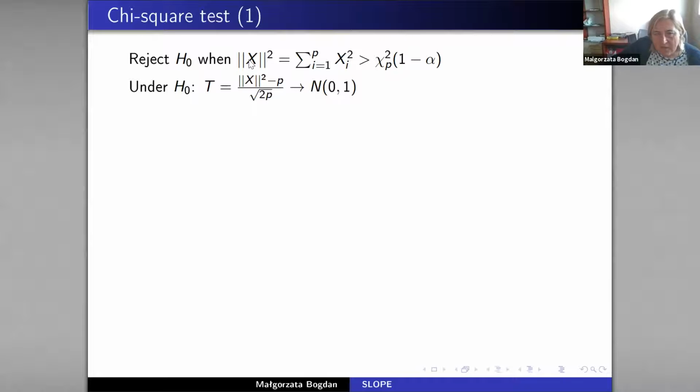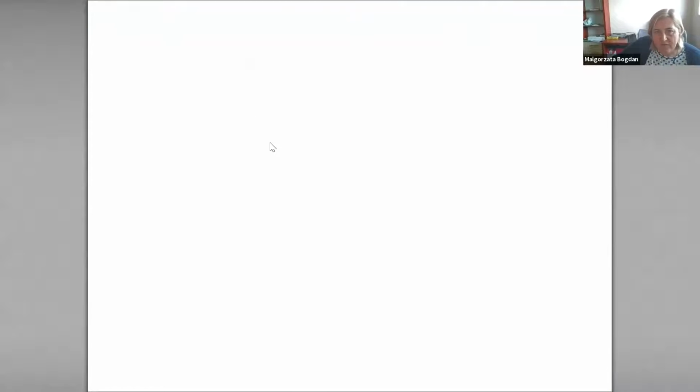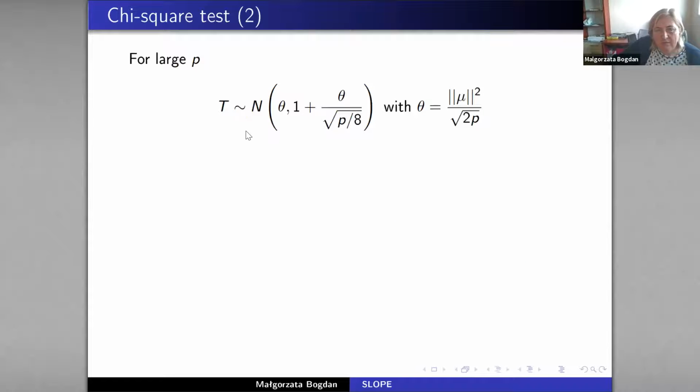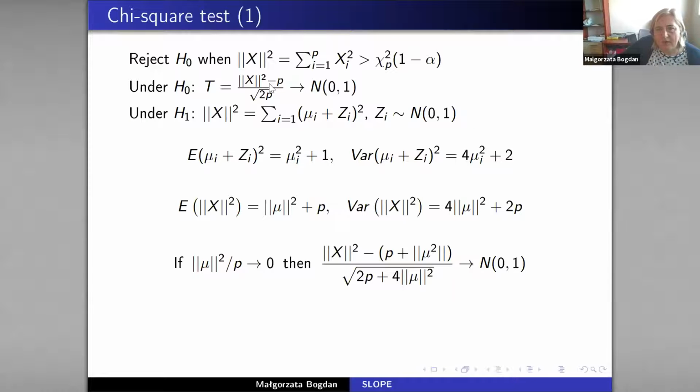And then again, sorry, I'm going to skip all these very detailed calculations, which show that asymptotically for large p, the distribution of our T statistic, where we normalize the chi-square distribution by subtracting the expected value and dividing by the standard deviation, by the central limit theorem, under the null hypothesis, is going to converge to a standard normal distribution.